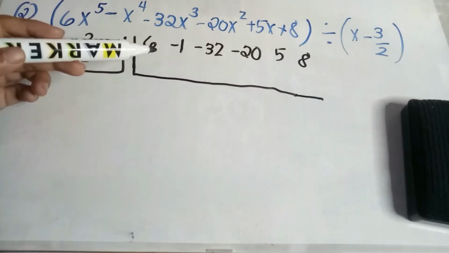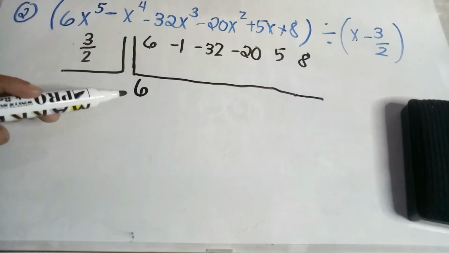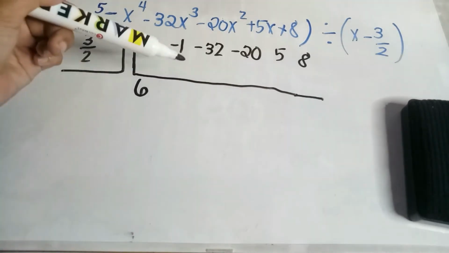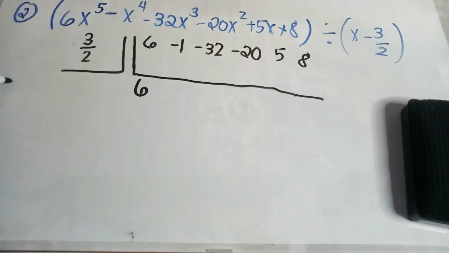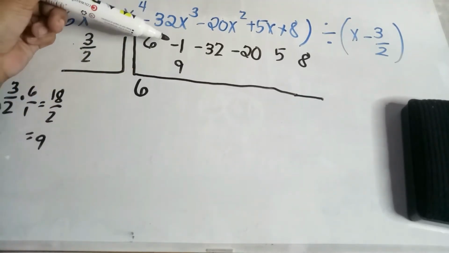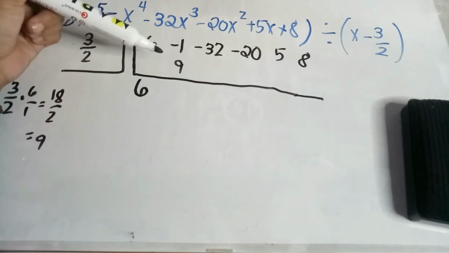Then bring down the first number, which is 6, then multiply it by the divisor and put it here. So 3 over 2 times 6, which is 6 over 1. So 3 times 6 is 18, divided by 2, and that is equal to 9. So we have 9. Negative 1 plus 9: different signs, we need to subtract.